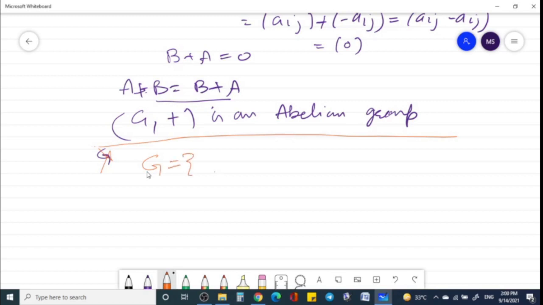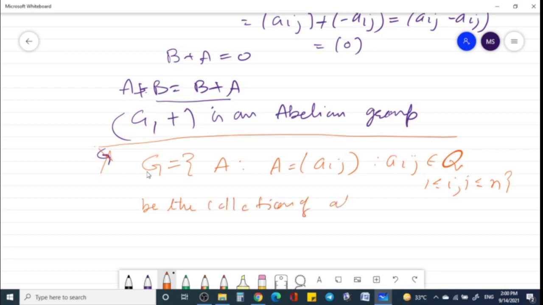G is a matrix. A is a matrix Aij, and Aij belongs to Q, the set of rational numbers, and 1 less than or equal to i, j less than or equal to n, be the set, the collection of all square matrices over Q, the set of rational numbers.